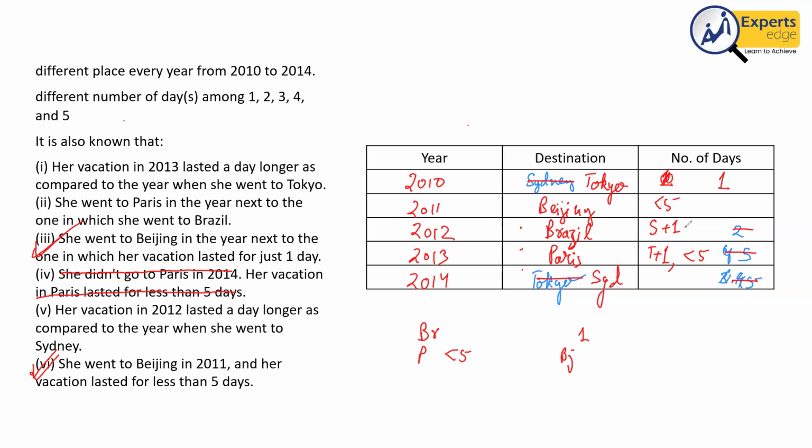Paris is T plus 1. T is 1, therefore Paris will be 2 days. Beijing has to be less than 5. And Brazil is S plus 1.